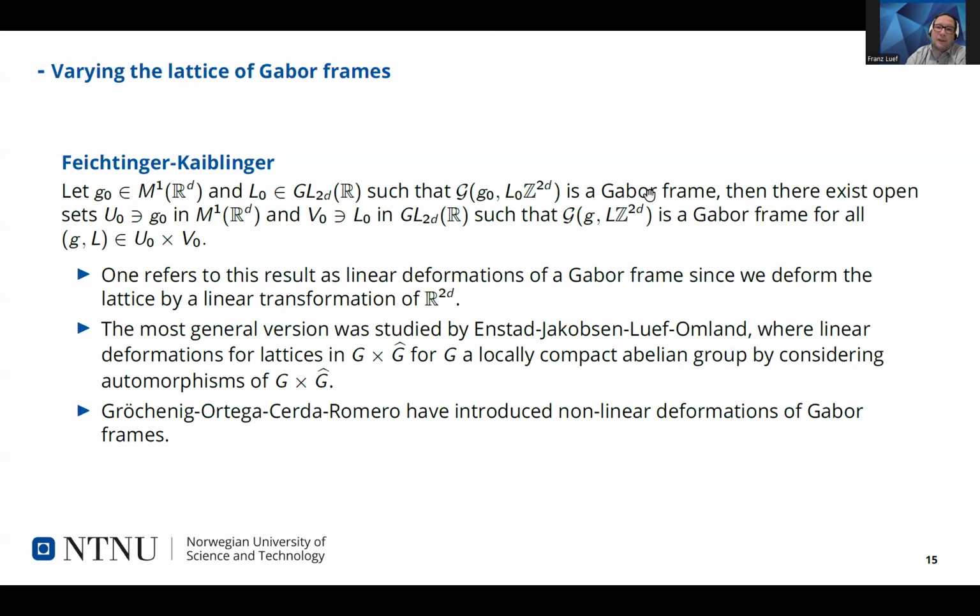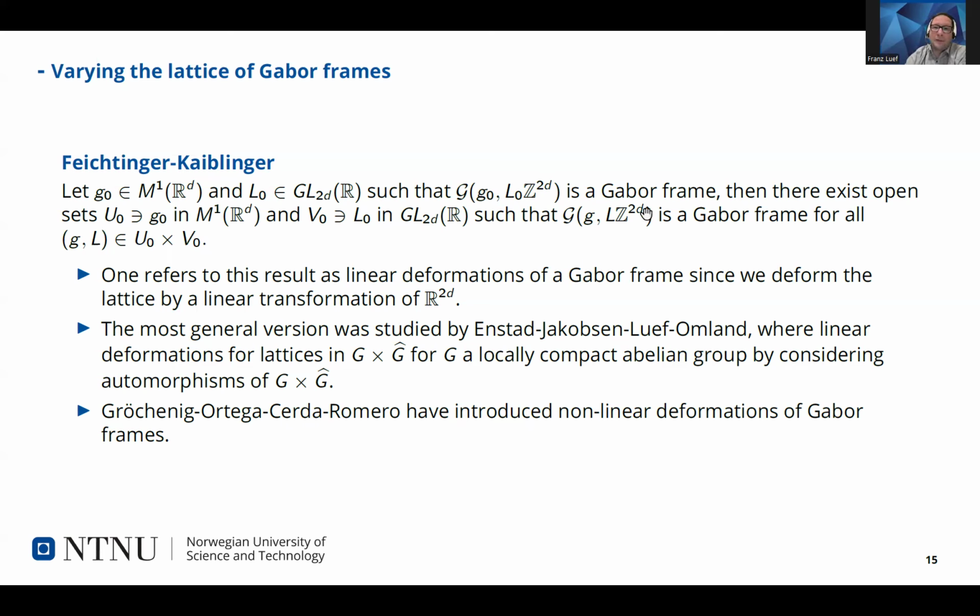Then you replace these deformations of the lattice by automorphisms of this group G times G hat, and you put the natural topology on it, this Fell topology, and then you can extend these results that Feichtinger and Kaiblinger had to this kind of setting. This we did together with Franz, Jakobsen, and Omland.